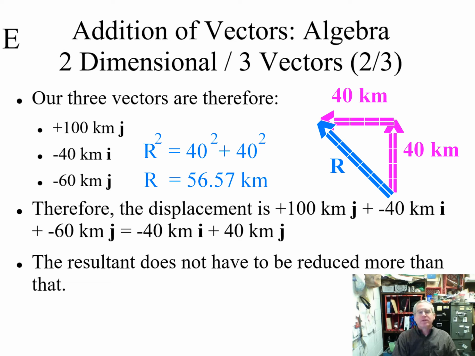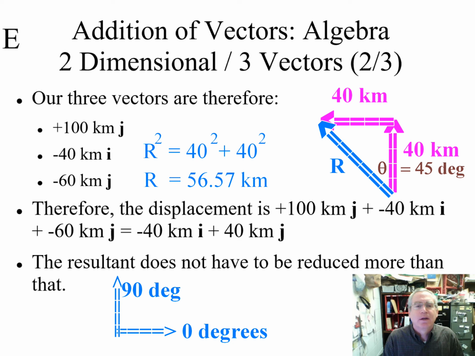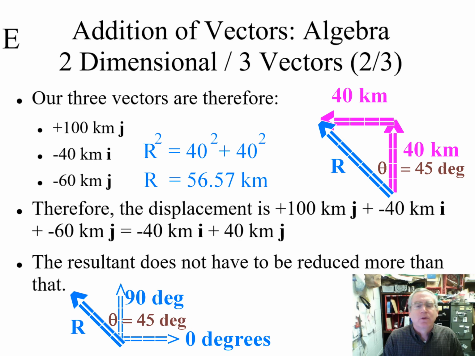And to find that direction, again, 131, 151, 251, they're expected to be able to find that angle. In this particular case, you should be able to do it because it's an isosceles right triangle. That would be 45 degrees. And so the direction of this, given that 0 degrees is this way, and that's 90 degrees, that's 45, you would write this as 56.6 kilometers, 135 degrees.